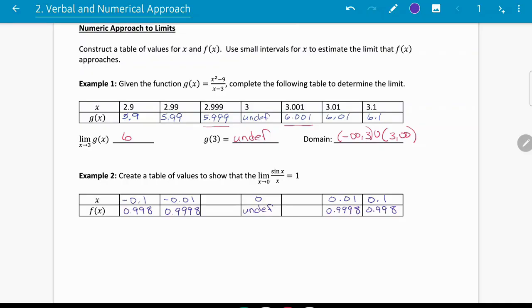And if we take it one step closer and do 0.001 and negative 0.001, we end up with 0.999, I believe there's 7 nines here. So we can then see very easily from that our limit as x approaches 0 of sine x over x is equal to 1.